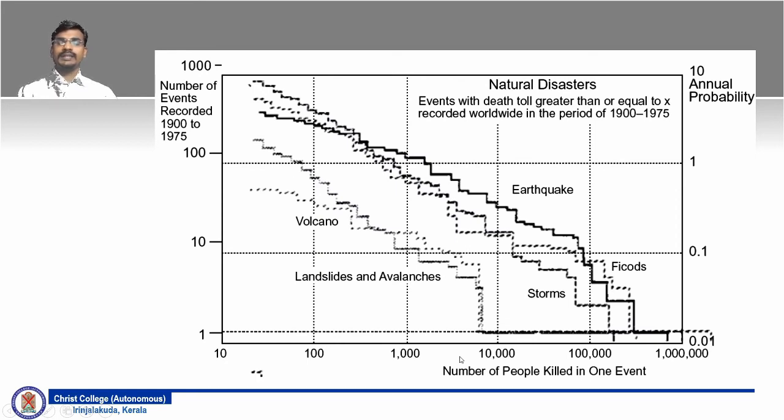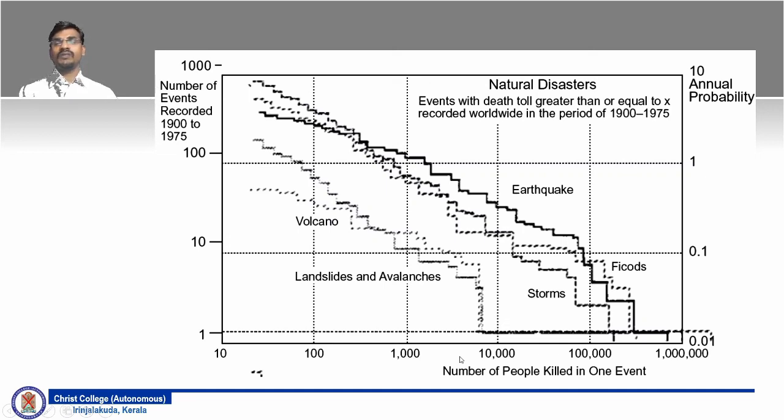So you can see that there is a trend of a large number of occurrences of events with lesser magnitude with a higher annual probability, whereas there is a lower probability of occurrence of large events in terms of fatality or casualty, with fewer occurrences.